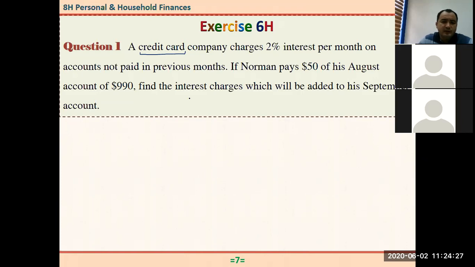Okay. So what is the advantage of using credit card here? So we have debit card and credit card. Debit card, for example, if I have debit cards, let's say I put $1,000 into my debit cards.